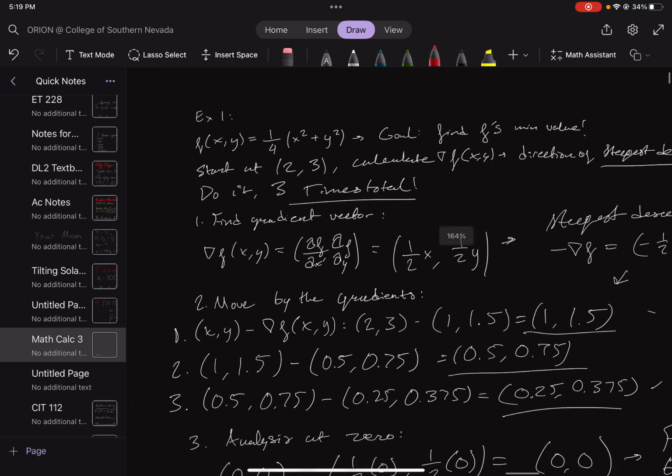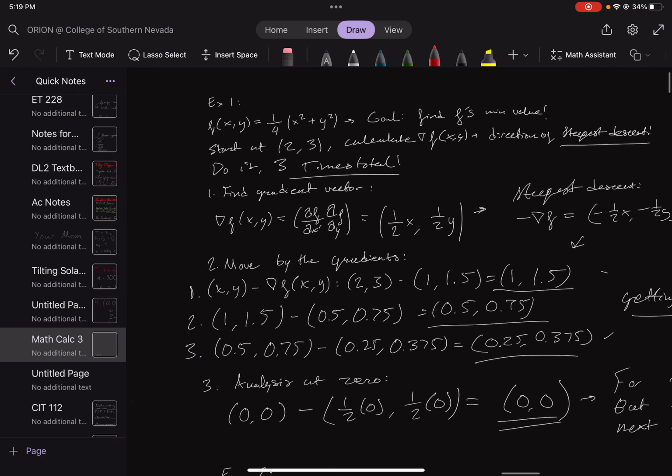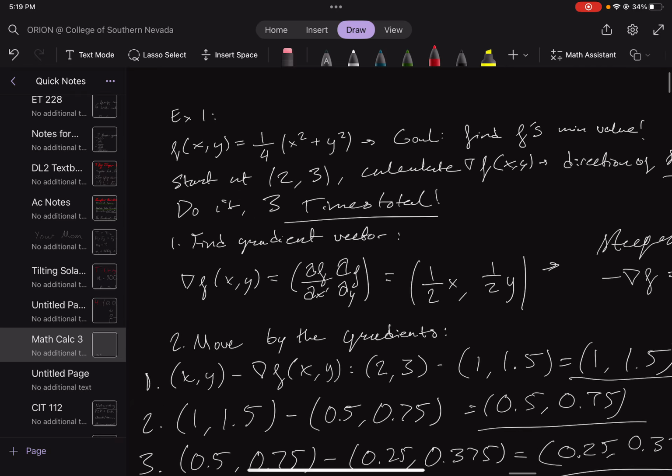All right, first we're going to go over example 1. This is an elliptic paraboloid, and we're starting at the position 2, 3 in the xy plane.